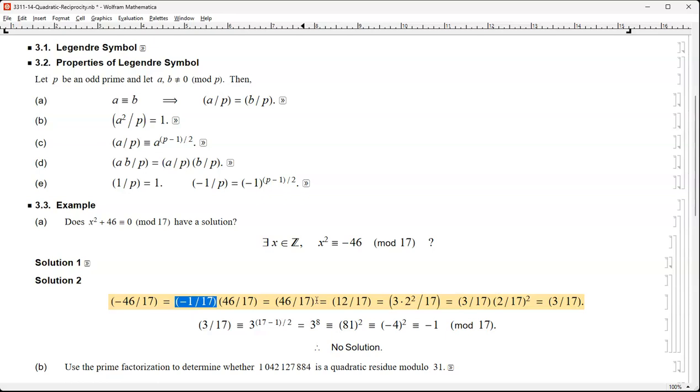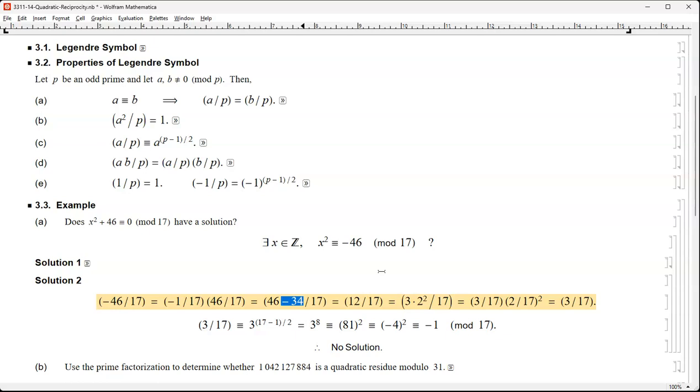So that drops out, and then we have 46 over 17, and that's congruent to 46 minus 34, which is congruent to 0 because this is 2 times 17.